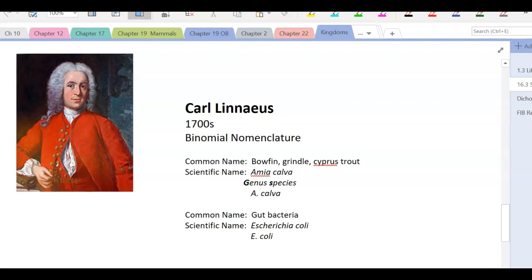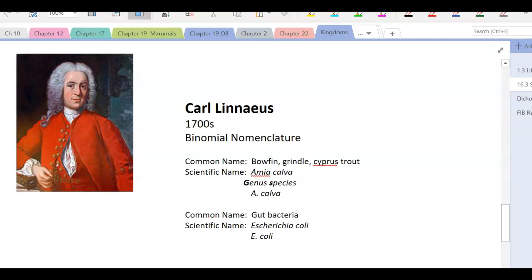Sometimes some books will say Carolus, which was his official first name, but we'll go with Carl. Carl Linnaeus in the 1700s came up with the taxon naming system. He came up with the 8 different taxons. Collectively, 8 taxons are called taxa. So he came up with the 8 taxa naming system.